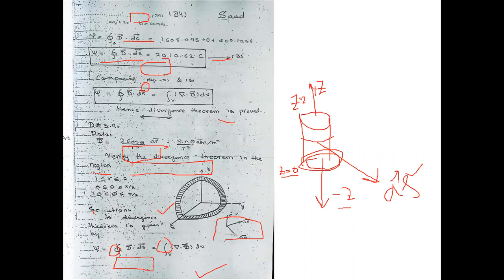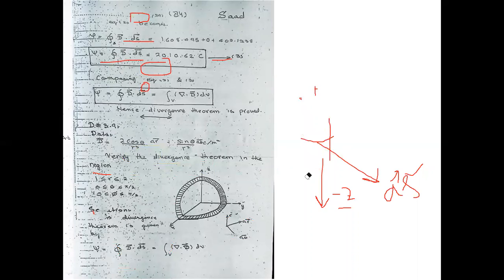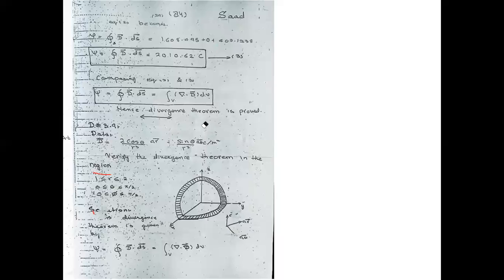Now the similar example, but now in the spherical coordinate system. In the spherical coordinate system, the complete sphere is not given, only a small portion of the sphere is given, and the limits for this portion are r from 1 to 2, theta from 0 to pi by 2, and phi from 0 to pi by 2.